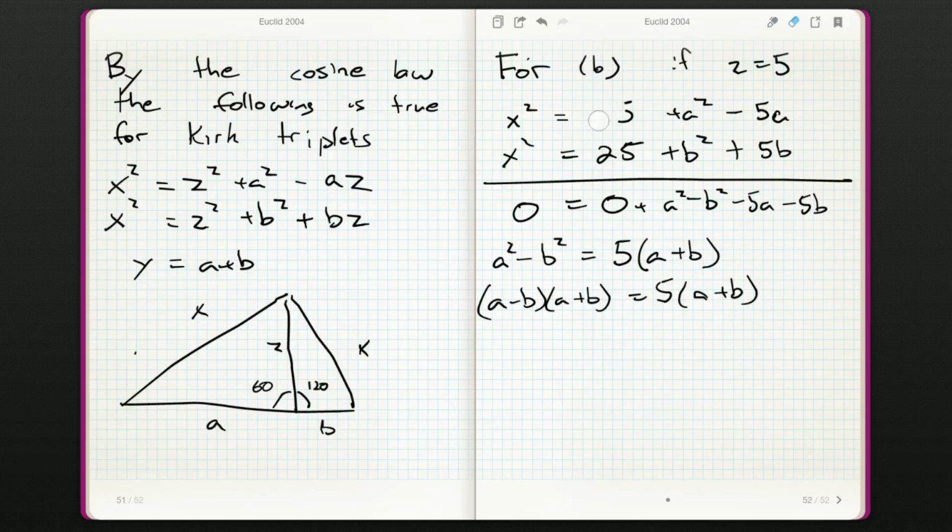And if anything, actually, I'm keeping the z in here until I absolutely need them. Z squared. So this is still all true for all Kirk triplets. The z there, the z there.